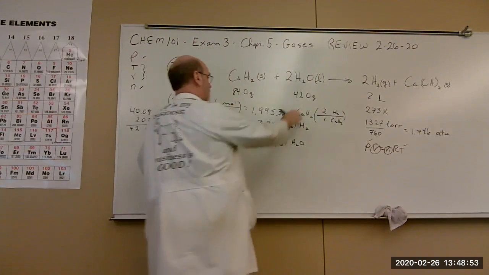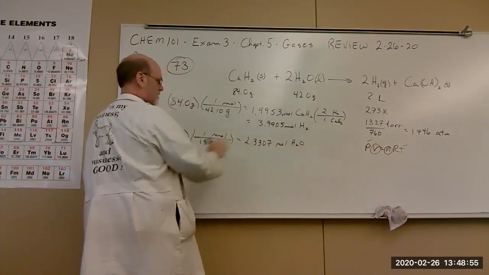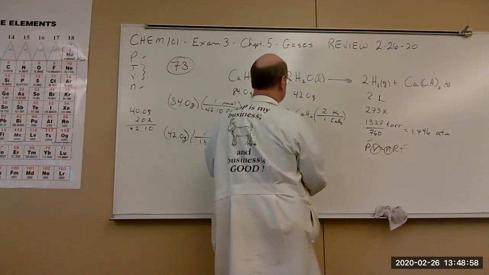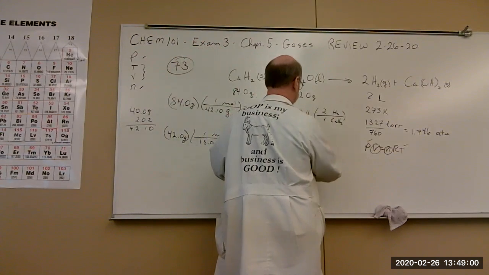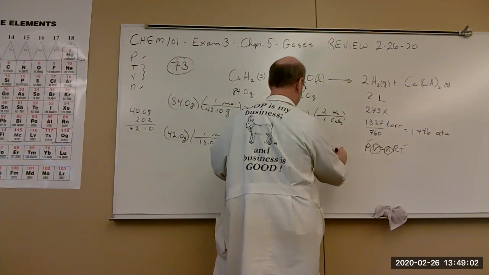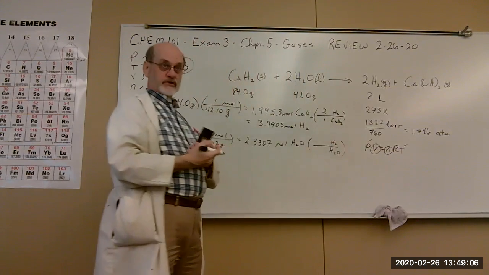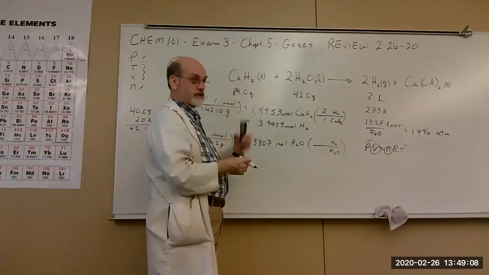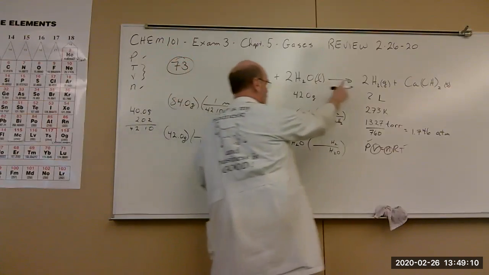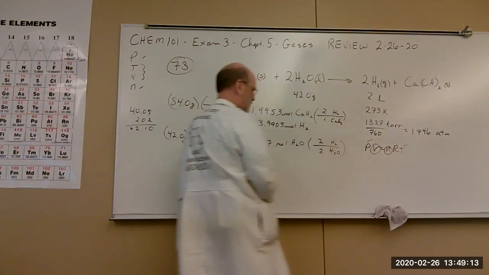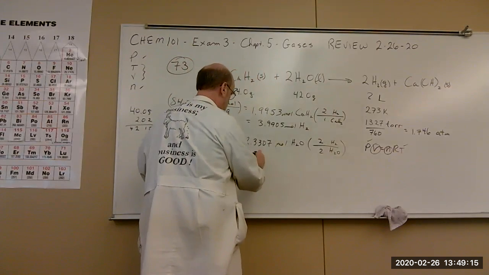What if then all of this is converted to hydrogen? What's the ratio there? This is your conversion factor. It comes straight out of the equation. 2 to 2, which is 1 to 1.